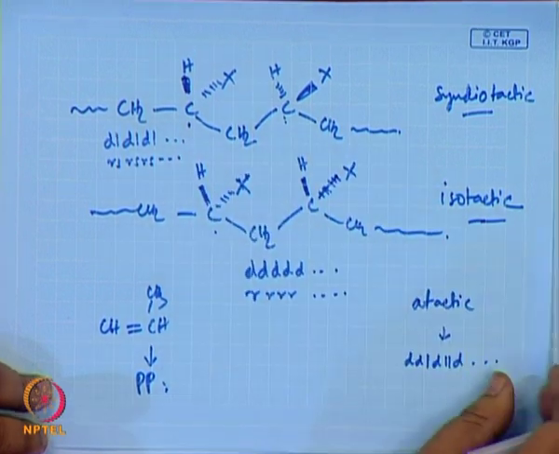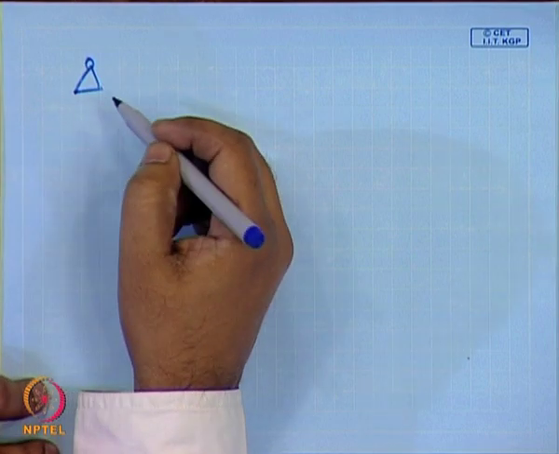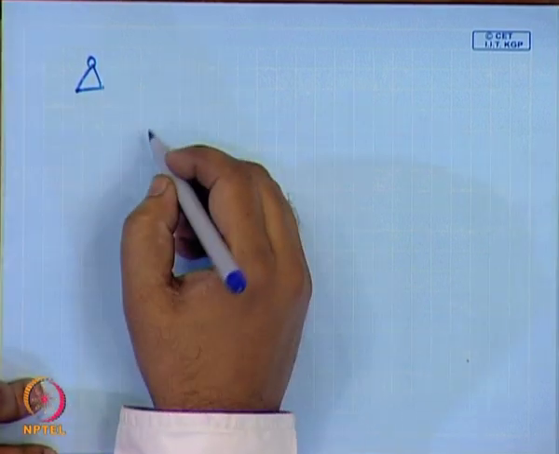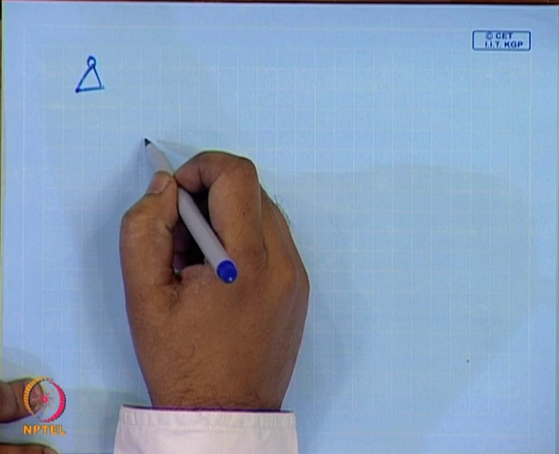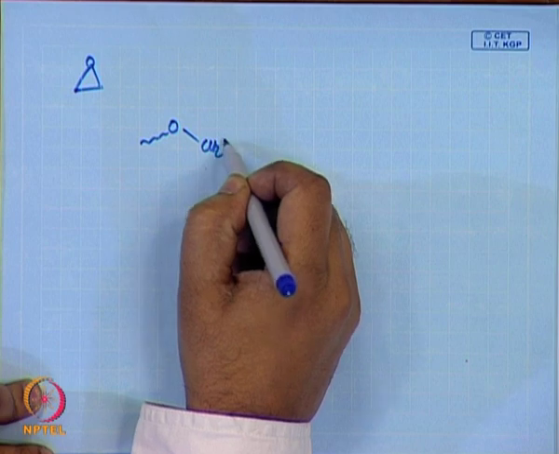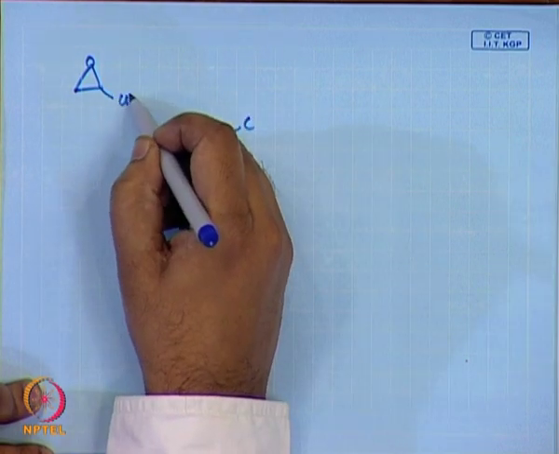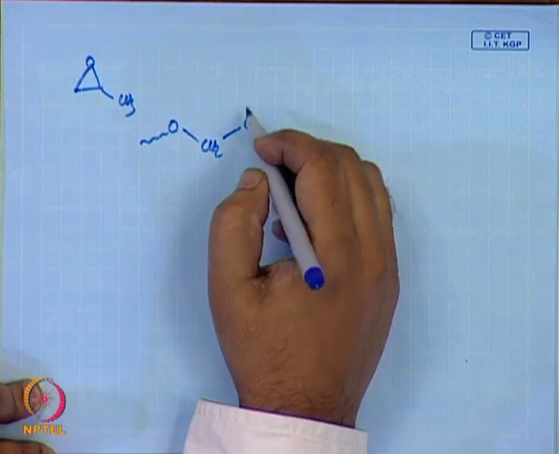Now, we can have a similar sort of tacticity in polymers where we do not have an all-carbon backbone. For example, if I do a ring opening polymerization of ethylene oxide, which we discussed in the last lecture, let us consider propylene oxide.